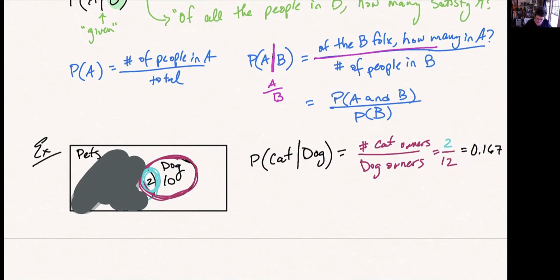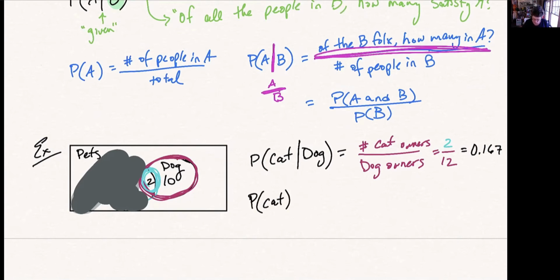Now, if we were to look at the probability of just owning a cat, maybe we should have done that one first, but what are you going to do? Now, the probability of owning a cat, I'm talking about everybody, because I don't have that caveat, that vertical line. Remember, this vertical line is what tells you that the denominator is changing. That's how I think about that vertical line. It becomes my fraction bar and tells me the number down below is not everybody anymore.